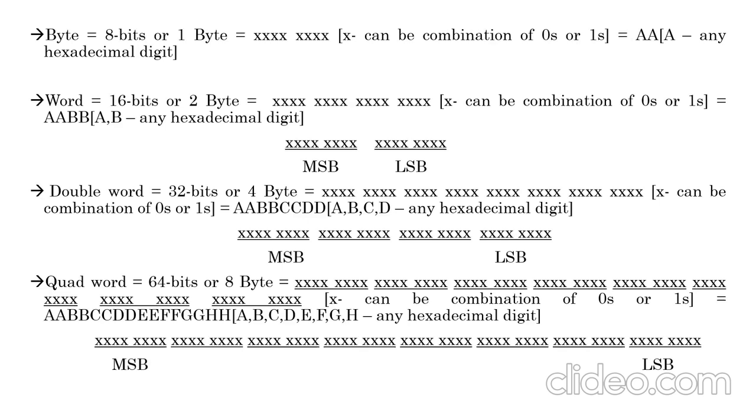Next one, we come to the double word, which is nothing but a 32-bit quantity. In terms of bytes, it requires 4 bytes to represent a 32-bit value, or in terms of hexadecimal, it requires 8 hexadecimal digits. As usual, in 32-bit data, the leftmost 8 bits is called the most significant byte and the rightmost 8 bits is called the least significant byte.